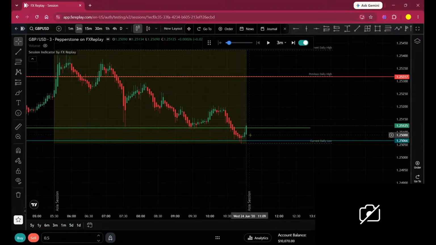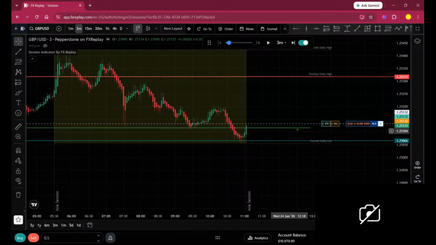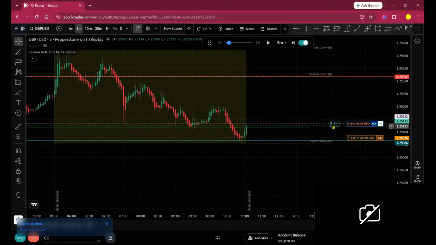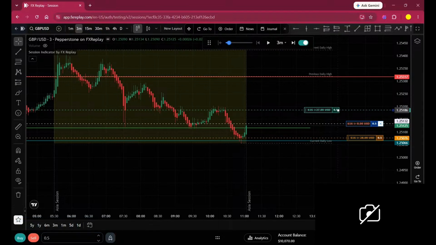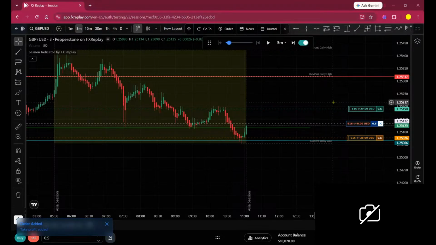Now here again I am going for a buy. I will go for 1:1 first. First target will be 1:1, and then for the second we will go for the 2.